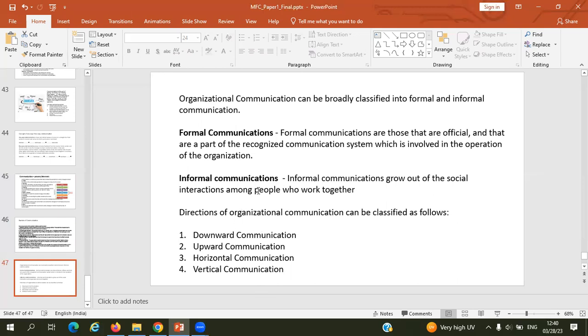This is the communication classification based on the organization structure, organization work culture, and the employee structure.